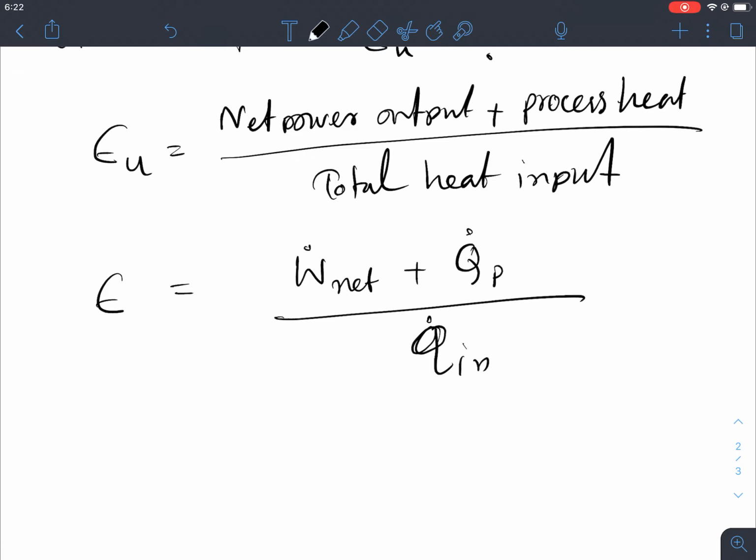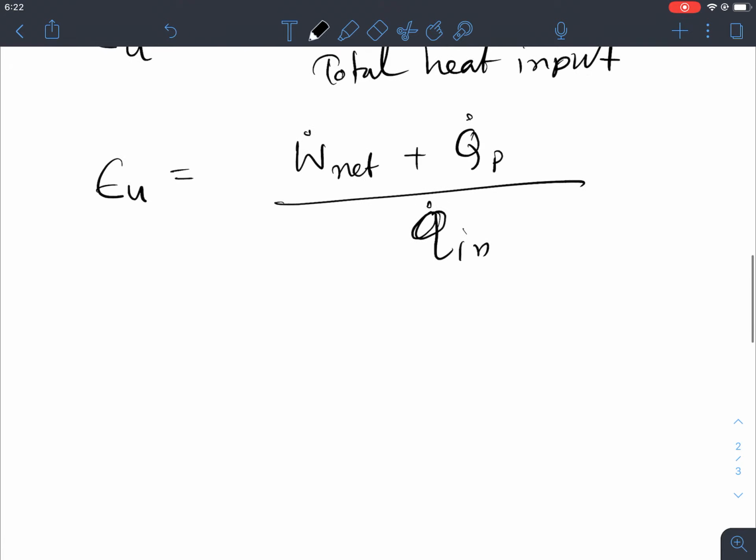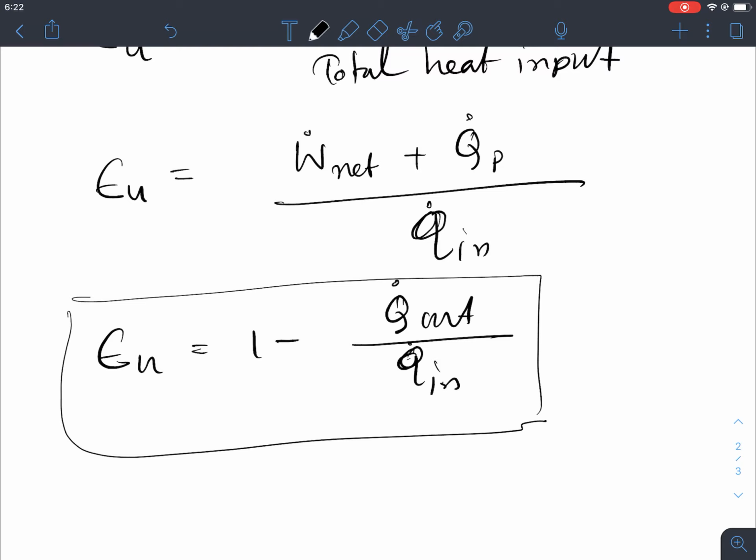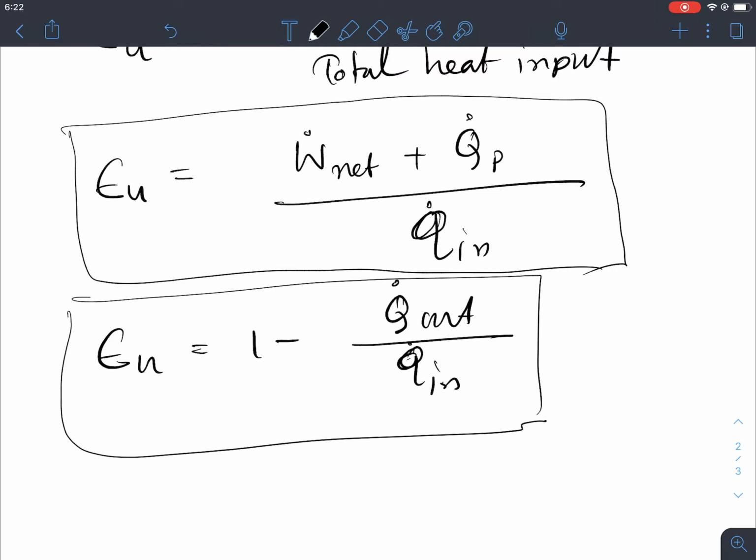So that's the definition of the utilization factor, or we can simplify: the utilization factor equals 1 minus Q out divided by Q in. It's the same, right? So we can use this one as a definition for the utilization factor.